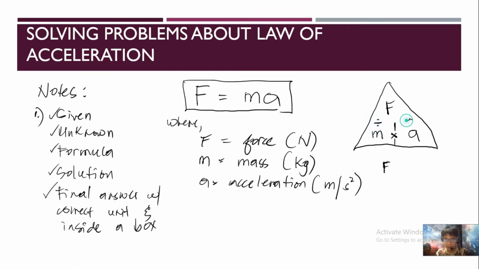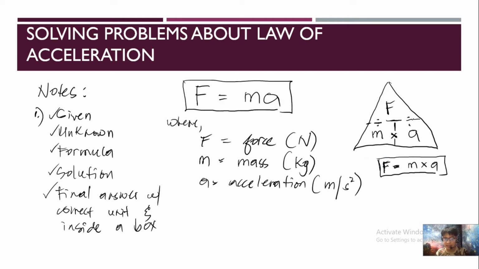If we are looking for force, you cover letter F, and you can see mass times acceleration. This is our formula number 1. If force is unknown, mass times acceleration. Now, what if mass is unknown?